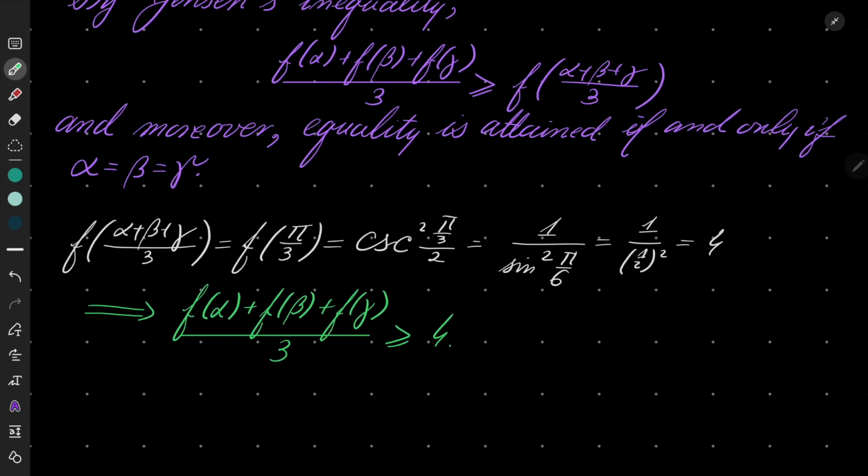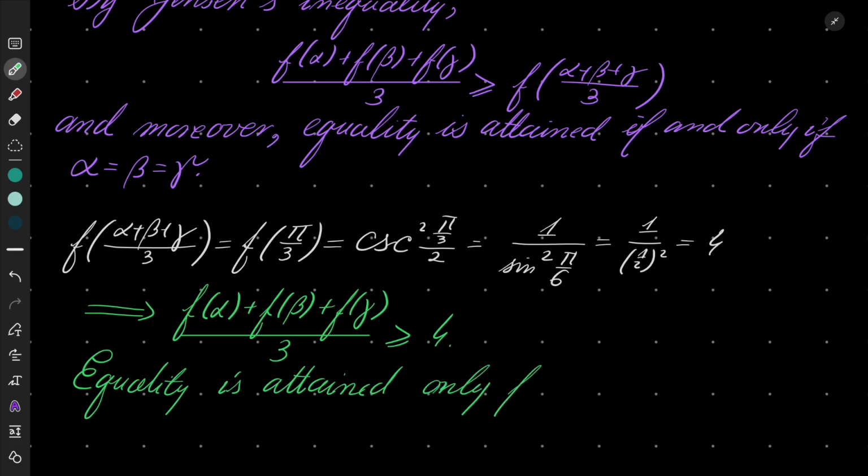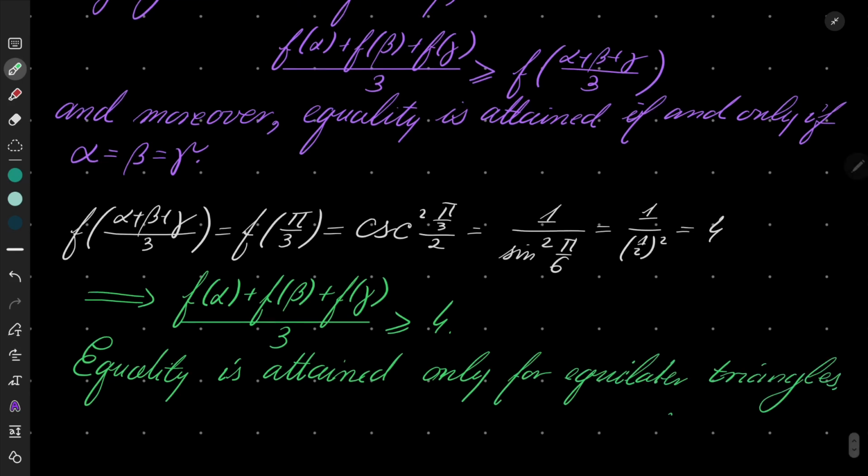Well, only for equilateral triangles. And that closes our proof. Pretty standard application of Jensen's inequality.